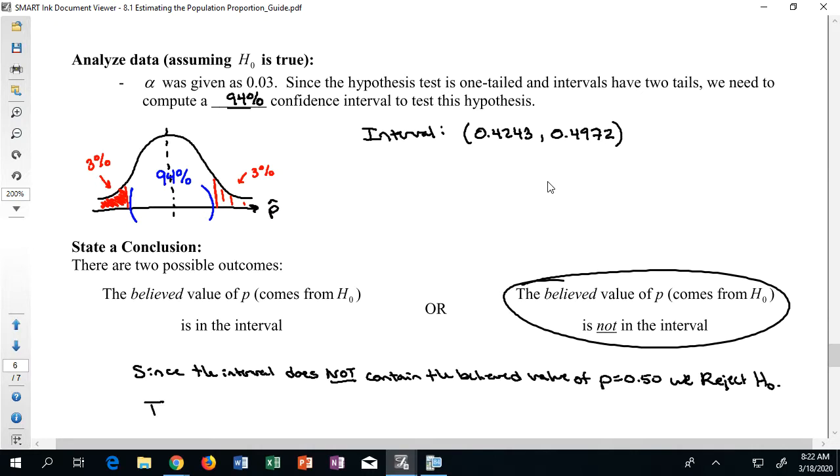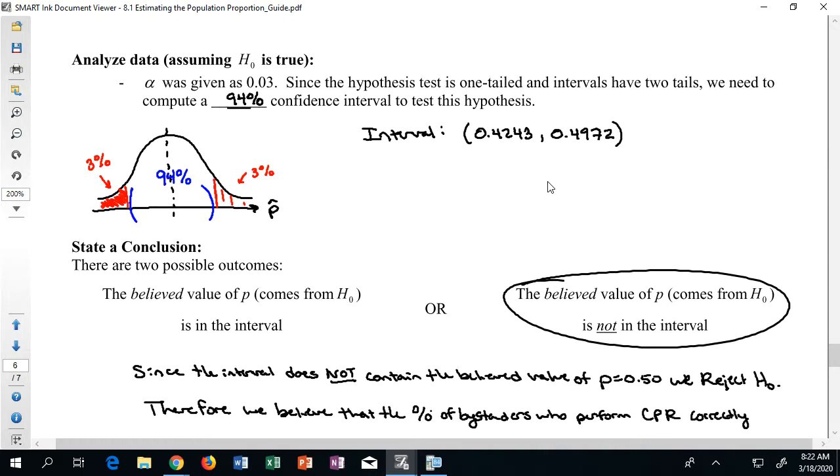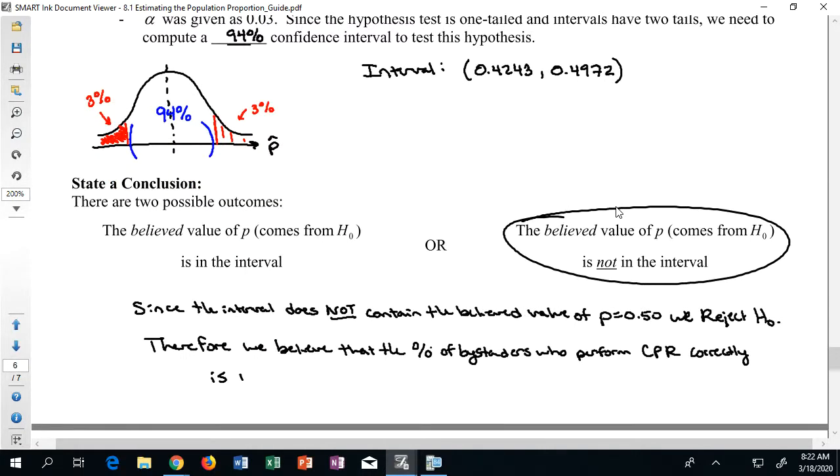Then I should be able to state what I believe. Therefore, we believe that the percentage of bystanders who perform CPR correctly is under 50%, right? We're agreeing with H1.